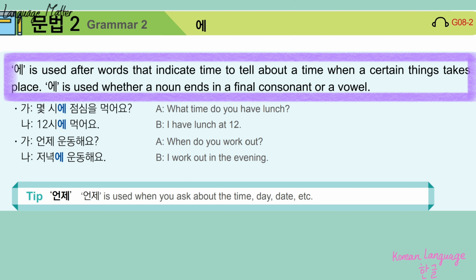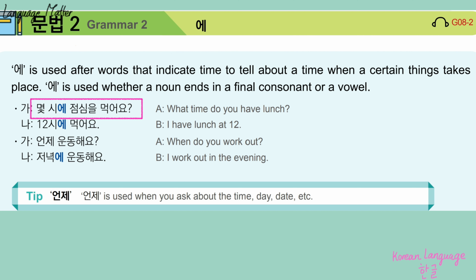So let's look at some examples in a conversation together. 몇 시에 점심을 먹어요? What time do you have lunch? 12시에 먹어요. I have it at 12. Oh, that's very interesting, isn't it? In the question, we said 에. But where is that in English? Do you see at or in here?